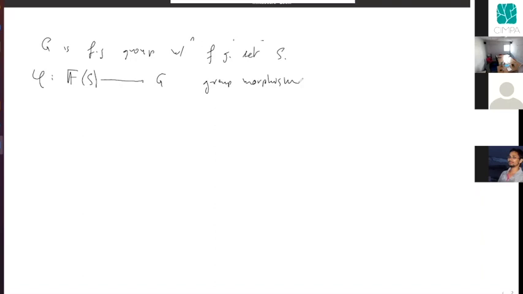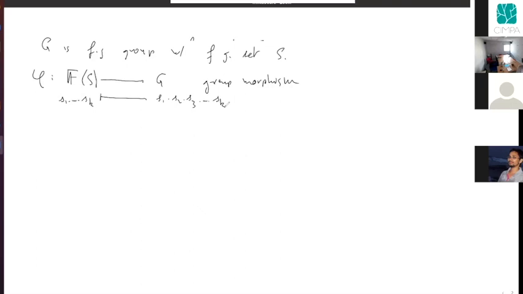And so what does it consist of? You pick a word in the letters of S, S1 to Sk, and then you associate the element inside G that is represented by this product. So you make S1 times S2 times S3, and then up to Sk. Okay? And it's very easy to check that this is a group morphism.